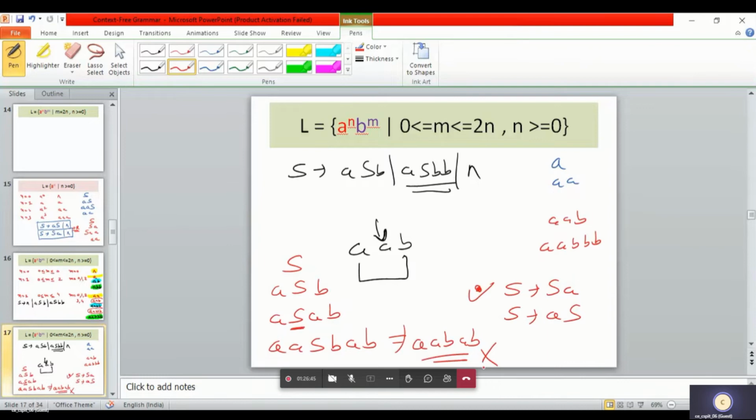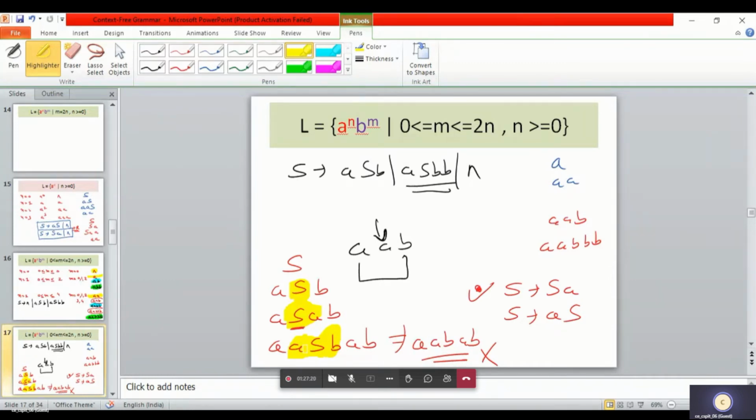And why does this happen? Because we are writing S is equal to SA. Because of this option, you still have a chance to recursively apply S and to get B before the A. You will get a chance to replace S with ASB, and you will have a chance to get B before the A. And here we don't want that.